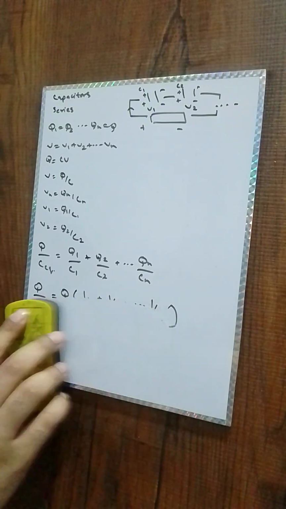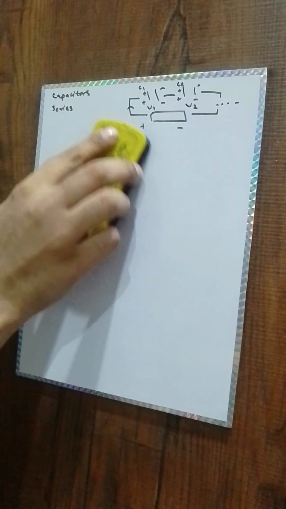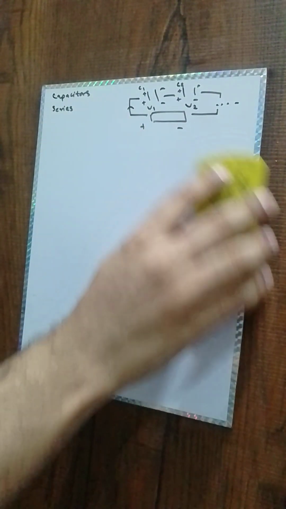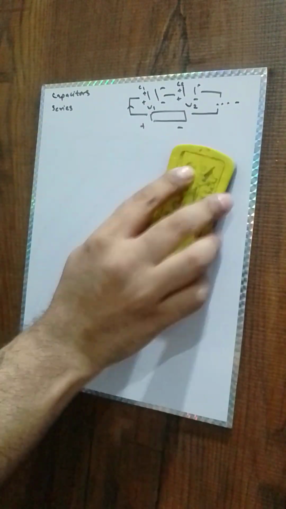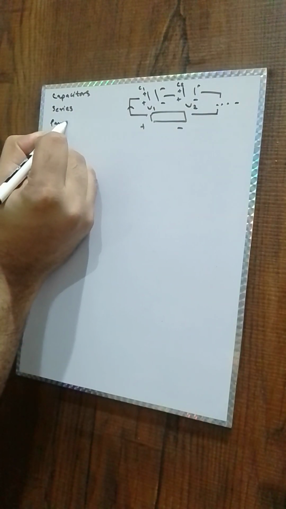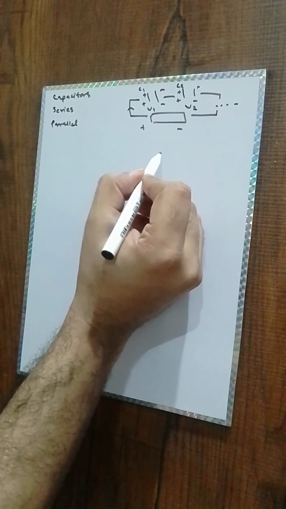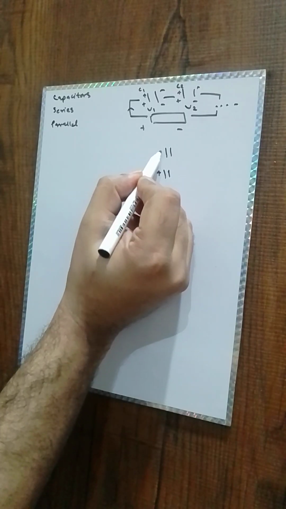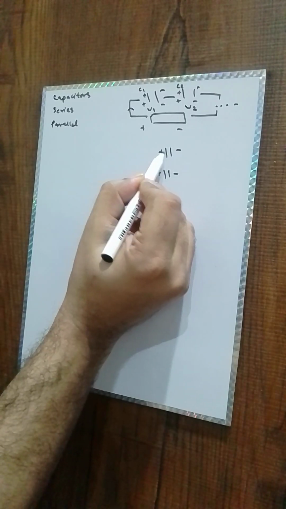And now the capacitors in parallel. Now we have the capacitors in parallel. And the situation is somewhat like this: plus plus minus minus.